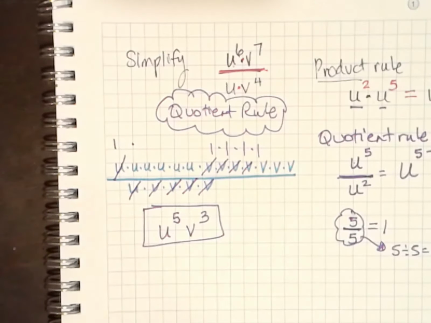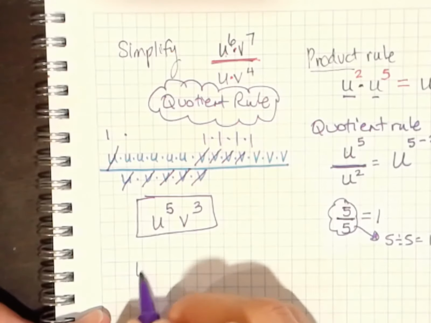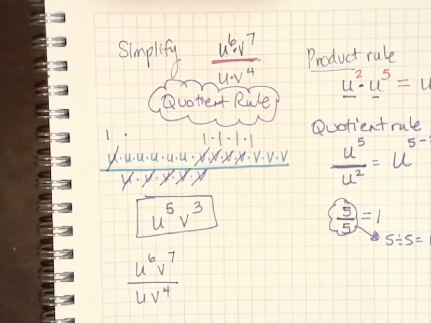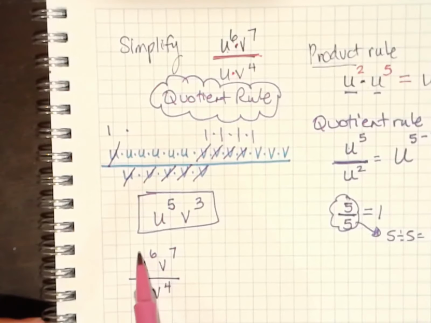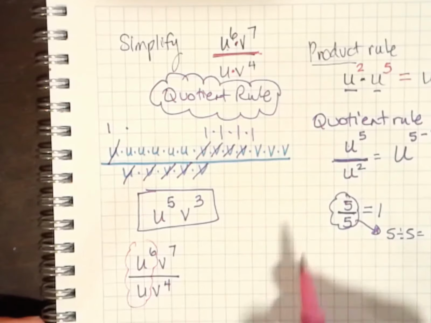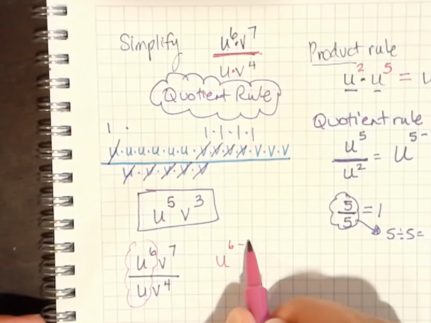Or you can take your original problem, which was u to the 6th v to the 7th over u v to the 4th, and you can break it apart. So I'm going to take these two right here because their bases are the same, and I'll say, okay, that's u to the 6 minus 1.